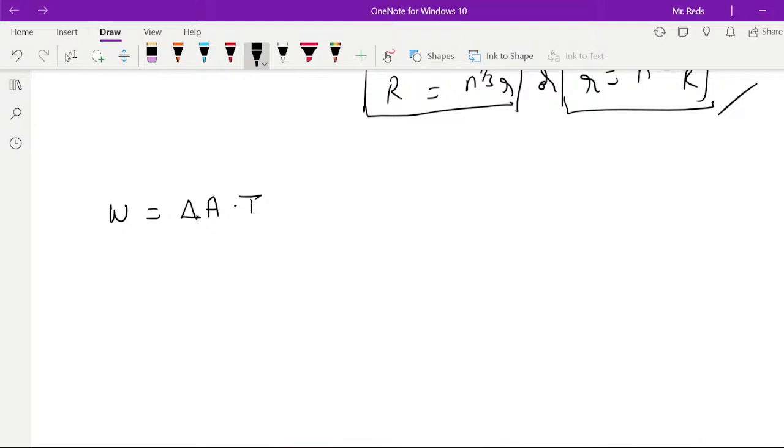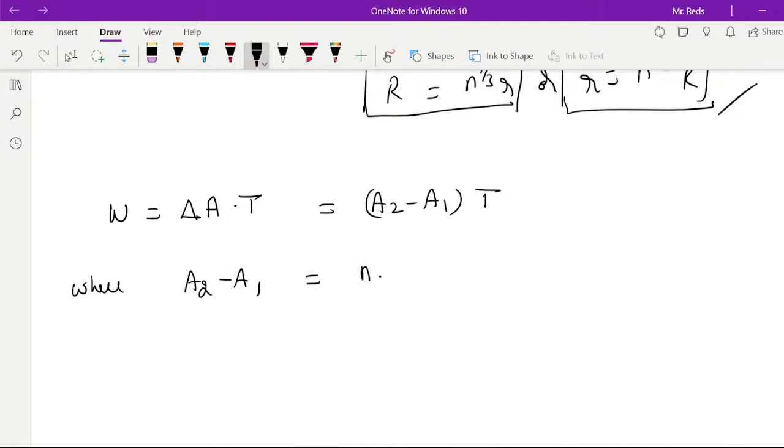Initially a big drop was there, and then it was changed into identical smaller drops. So here delta A can be expressed as A2 minus A1, into T, where A2 is the area of n number of small drops and A1 is the area of the bigger drop. Finally, you have n number of smaller drops.